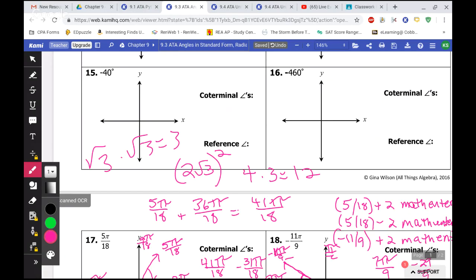And you should always write down exactly what you're given. If you're given an angle and it says cotangent, that's the reciprocal of tangent. So make sure you're getting whatever it is the reciprocal of, and you can use your notes for that.